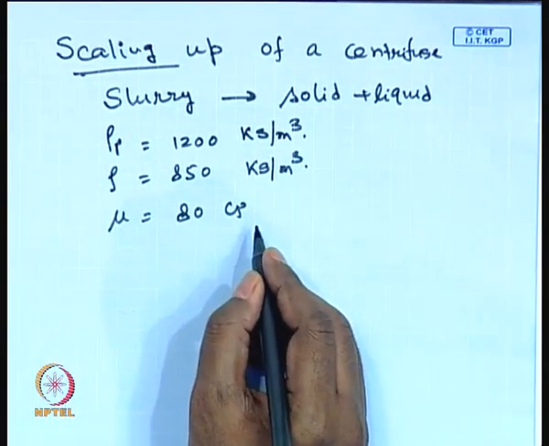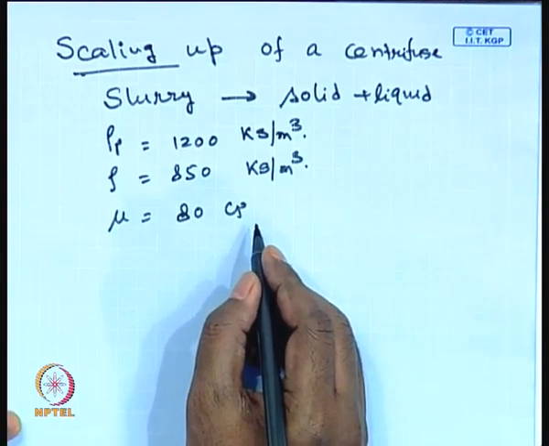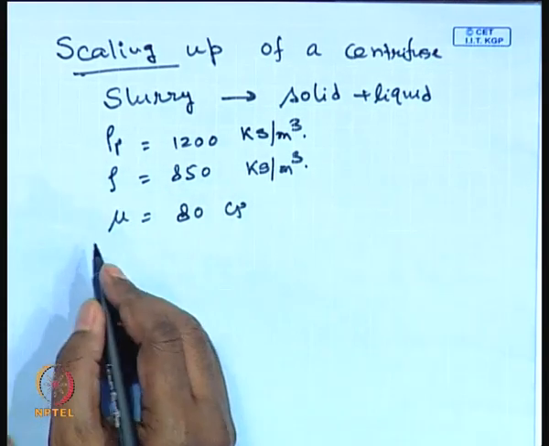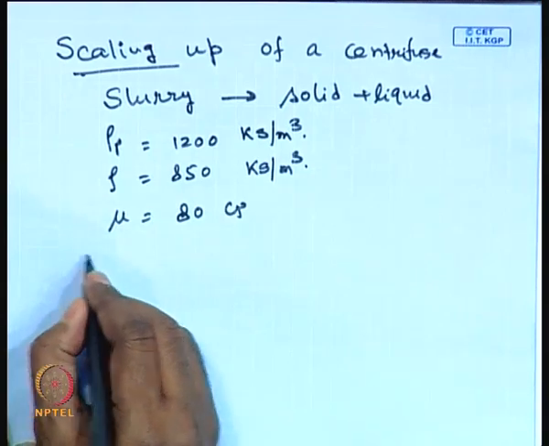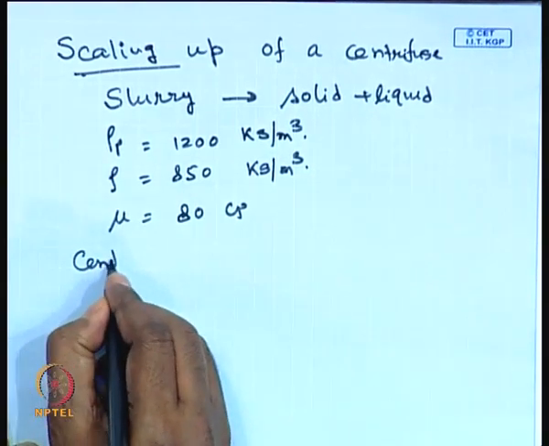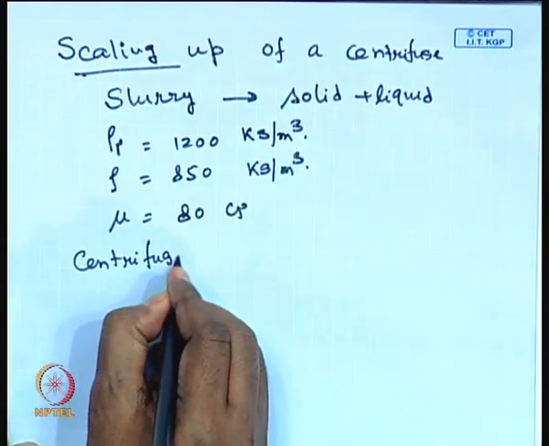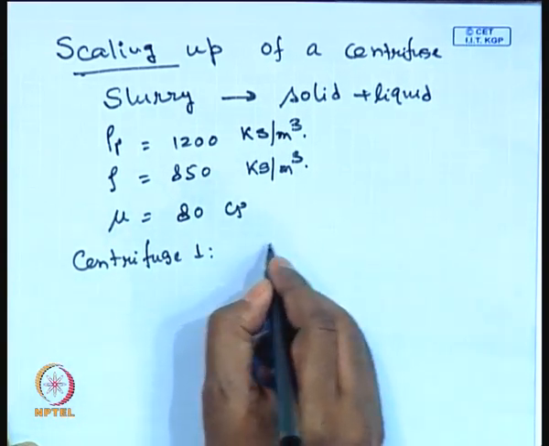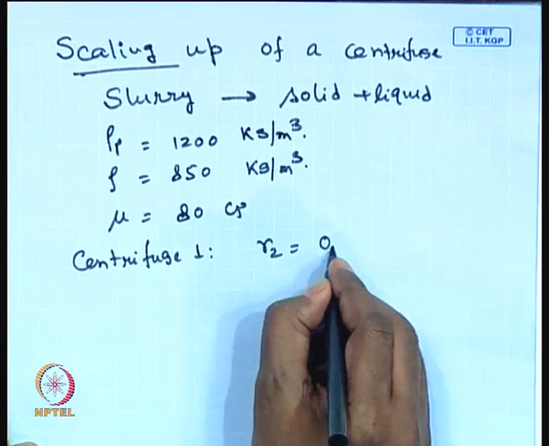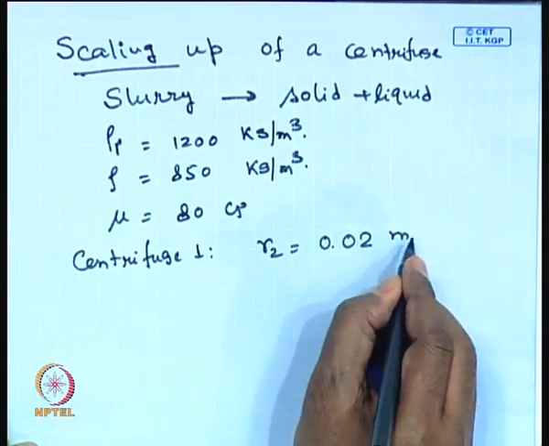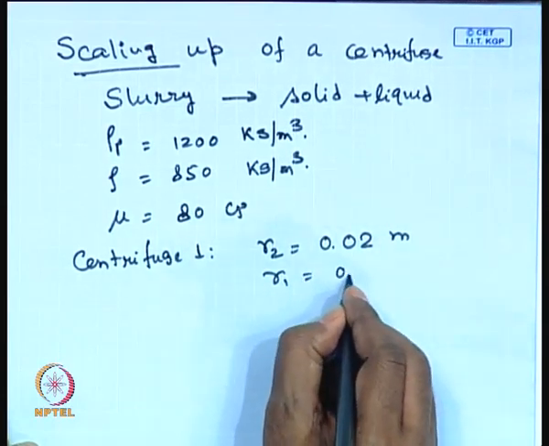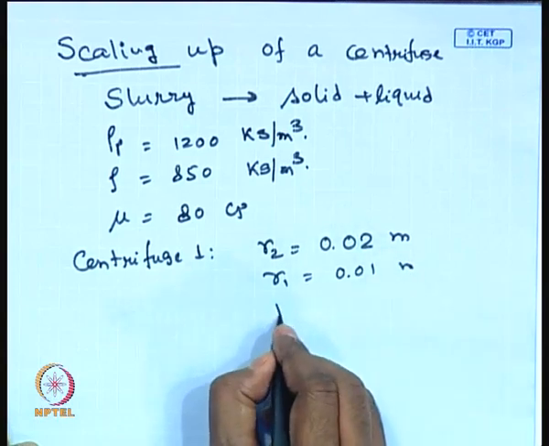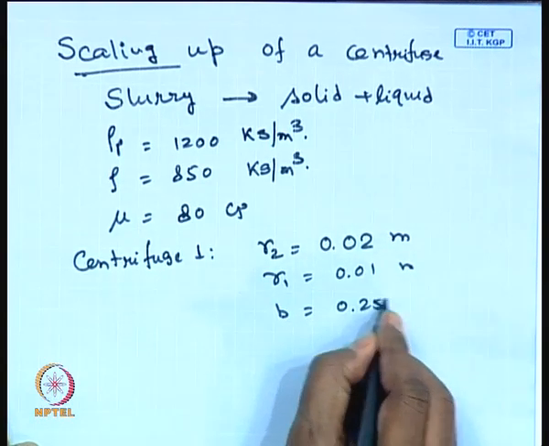Since the slurry contains a huge amount of solid, its viscosity will be more, and let us say we have a centrifuge, centrifuge 1, which has a tubular bowl with R2 as 0.02 meter, R1 as 0.01 meter, and height given as 0.25 meter.